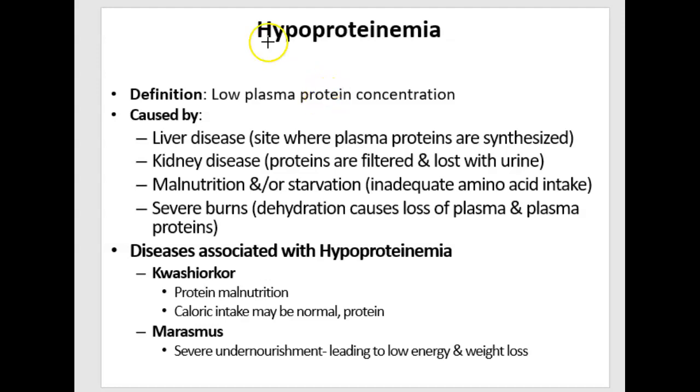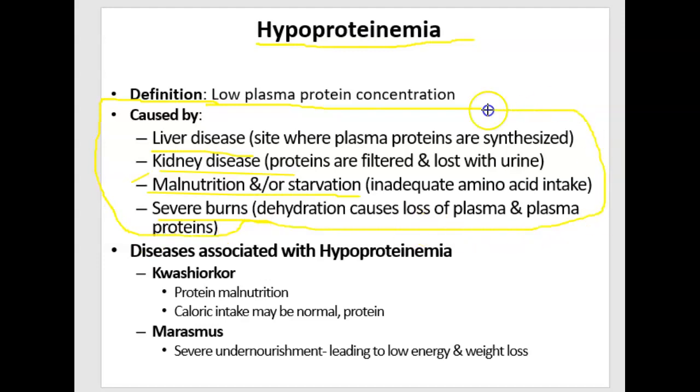If instead someone has hypoproteinemia, that means low protein in the blood, low plasma protein concentration, they get diseases associated with that, not just swelling, but they can get liver disease, kidney disease, malnutrition, starvation, and severe burns. Meaning that's what causes hypoproteinemia. Sorry, I didn't make that clear.